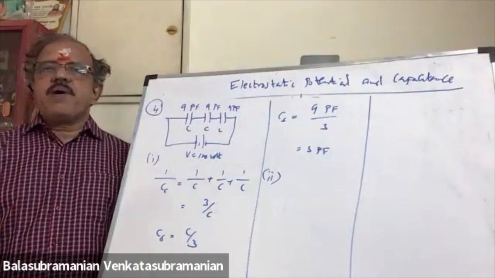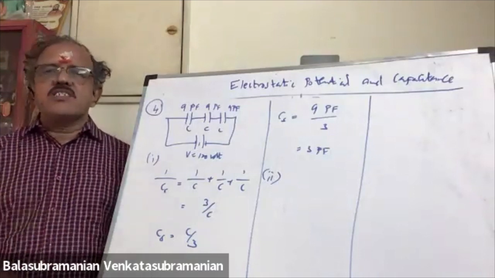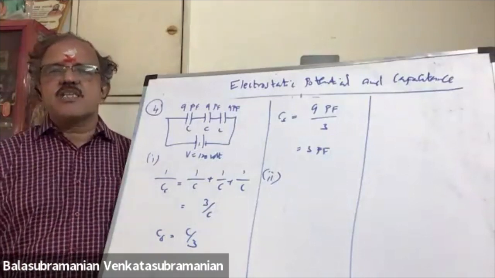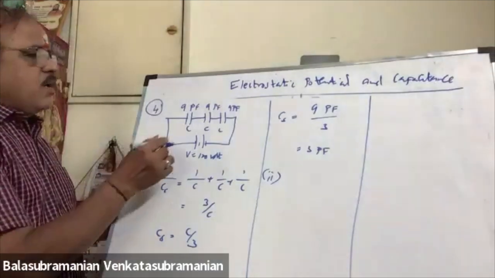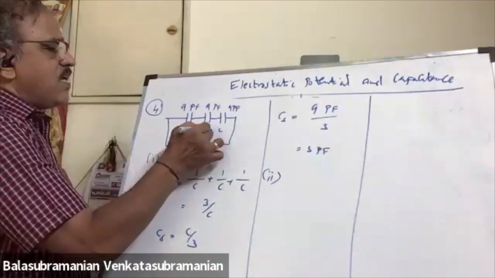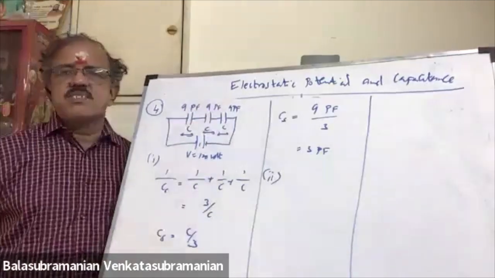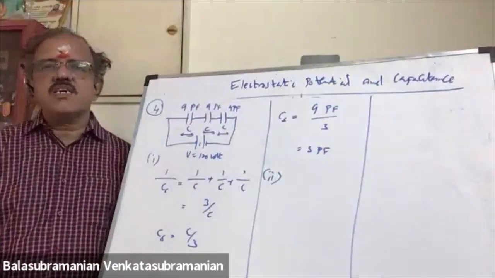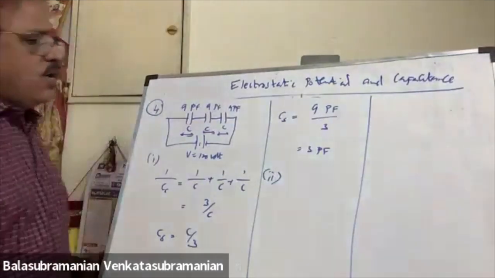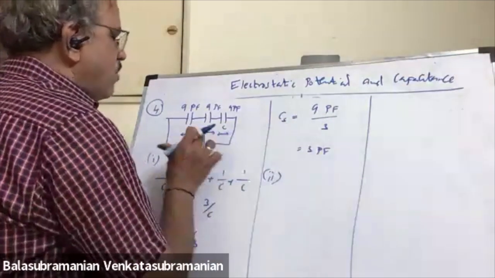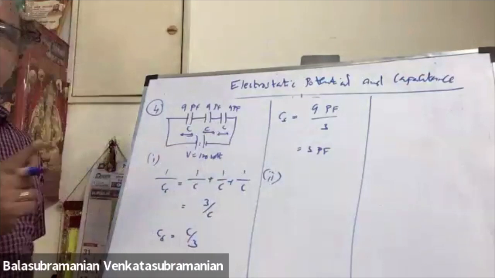In the case of parallel combination, potential is constant. Series combination, the potential is different. But all the three capacitors are the same value, C. So, total value of this is 120.